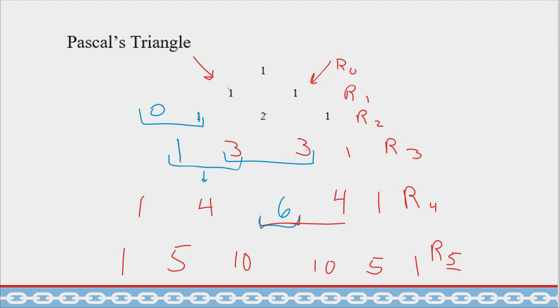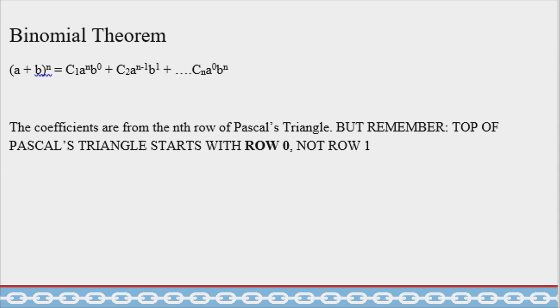And this has a purpose. It helps us with what is called the binomial theorem. If we have a plus b to a power, a binomial to a power, I'm talking about this part right here, we can use Pascal's triangle to help us build that solution.